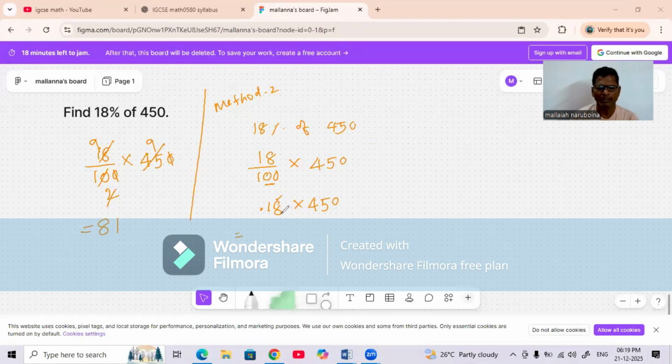Now multiply this number. 18 5s are 90. 18 4s are 72. 72 plus 9 is 81. Put this 0. Finally, here we have 2 digits after the decimal, so put a decimal after 2 digits. So it will become 81.